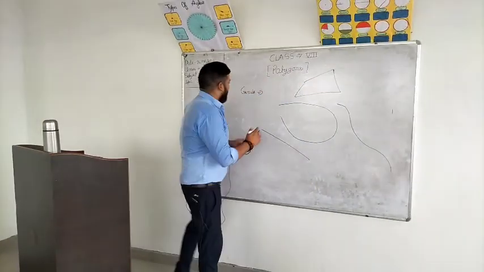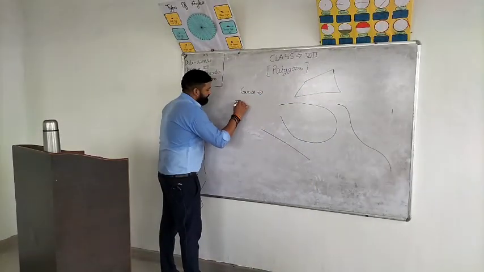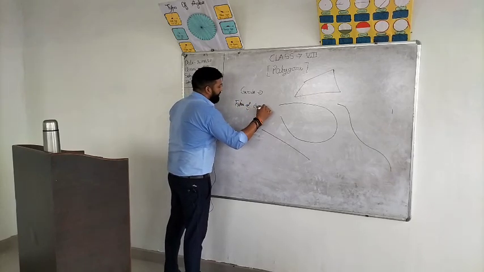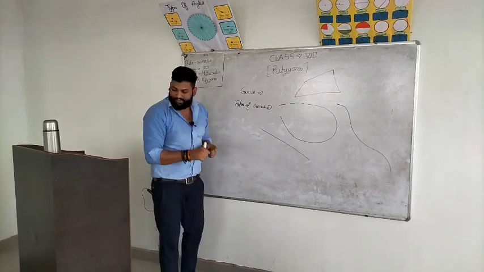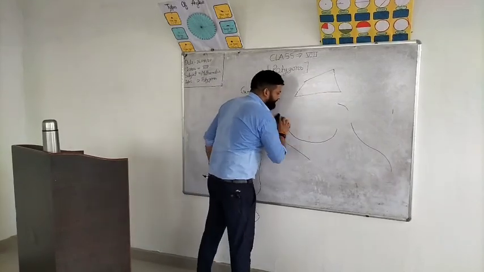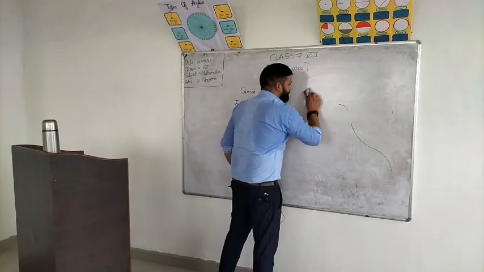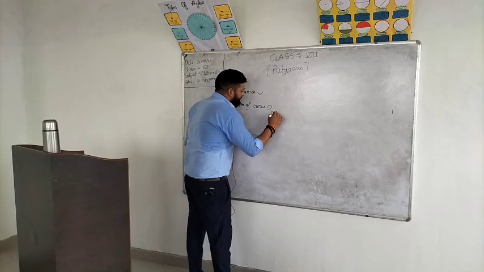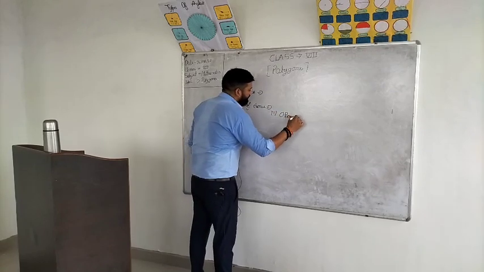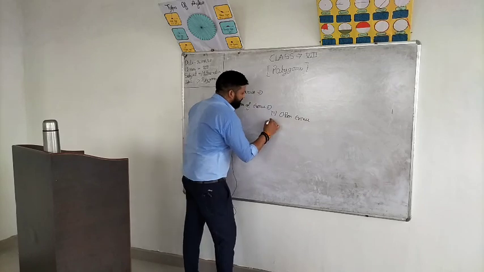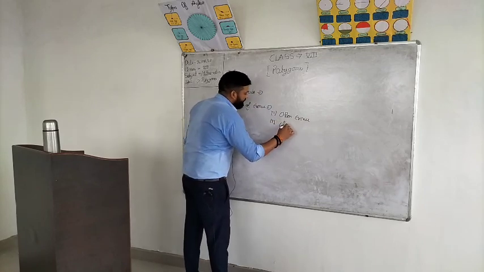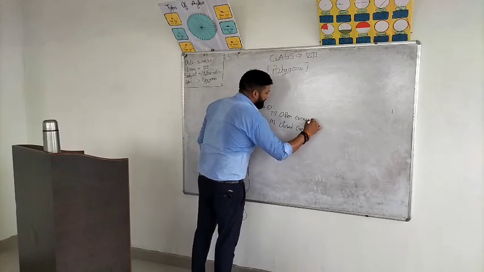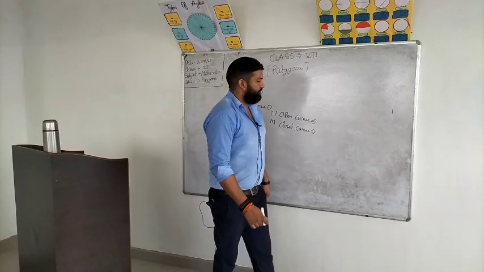The first one is the open curve, and the second one is the closed curve. First you have to understand what is the open curve and what is the closed curve.